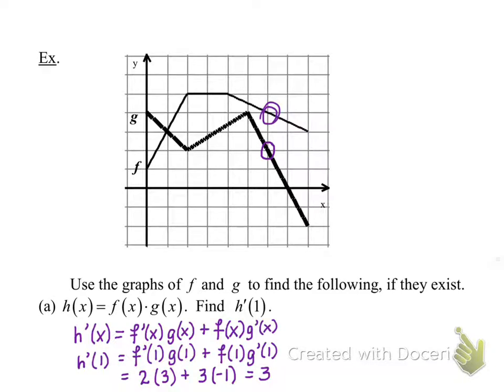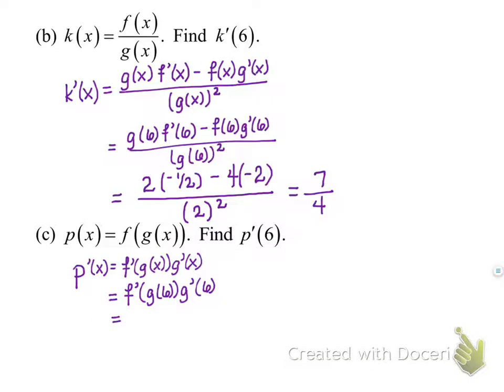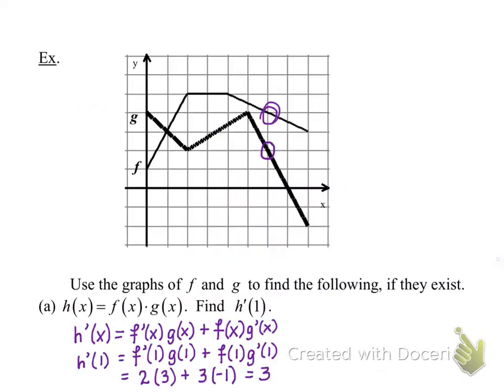And g of 6 is 2. So in our next step, which we're not ready for, we're going to figure out what f prime of 2 is. Right now we need to figure out what g prime of 6 is. So what's the slope of g at 6? The slope of g at 6 is -2.